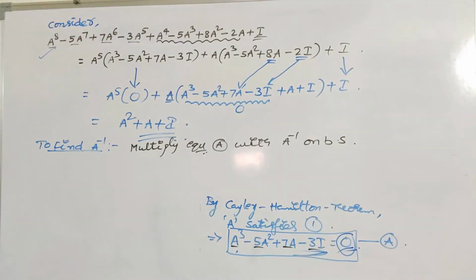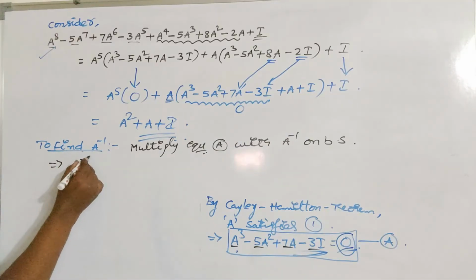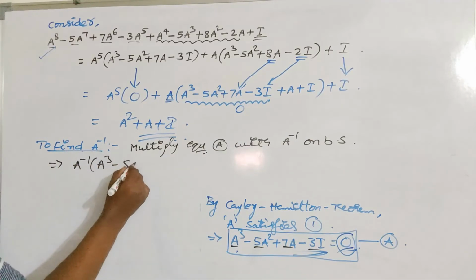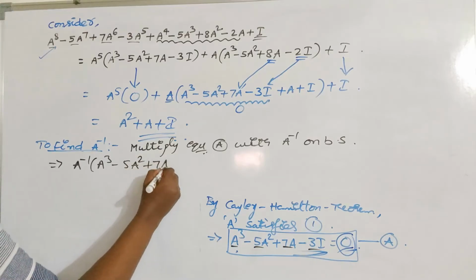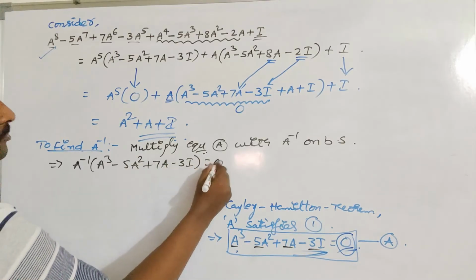In the right hand side already you have the null matrix. If you multiply anything with the null matrix, again you will get the null matrix only. So A inverse into A cube minus 5A square plus 7A minus 3I is equal to O.